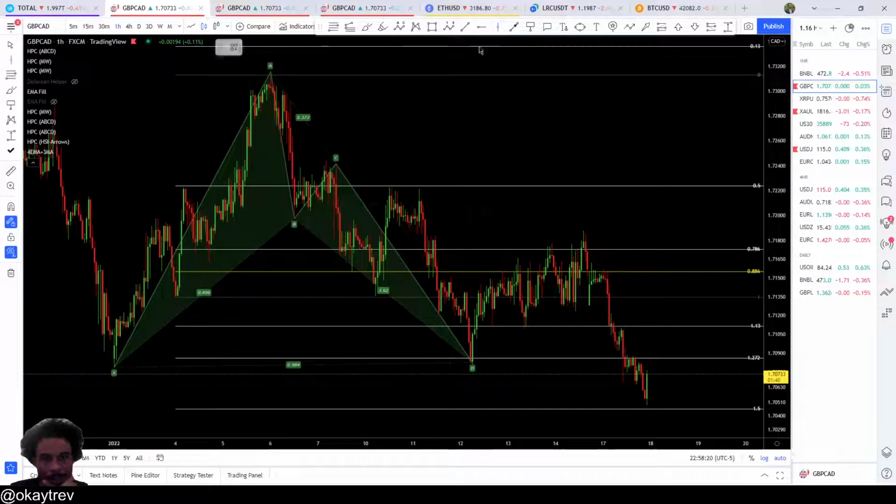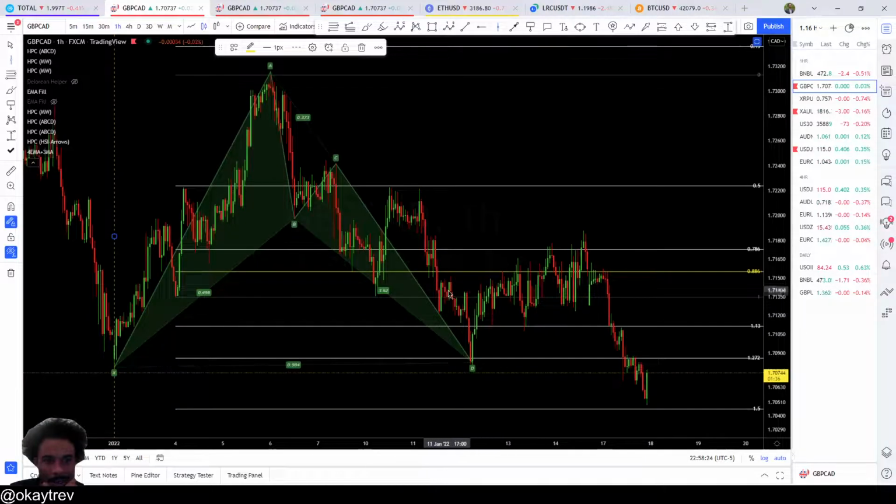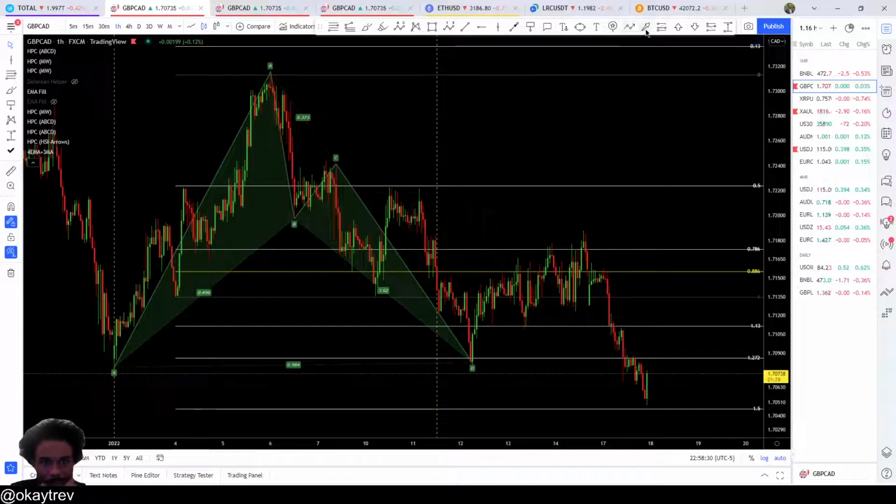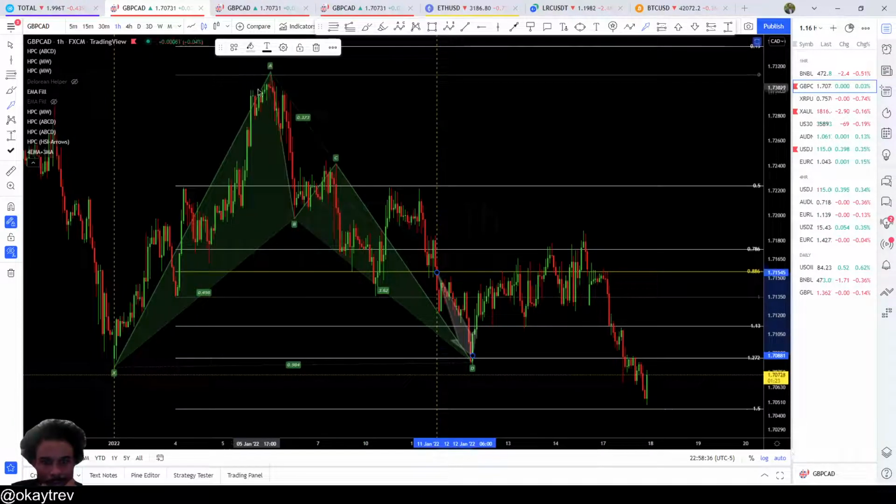So this bat pattern originally completed at the 88.6. Completed here, but failed immediately down to the hop. When it failed immediately down to the hop, it now created its own terminal bar.